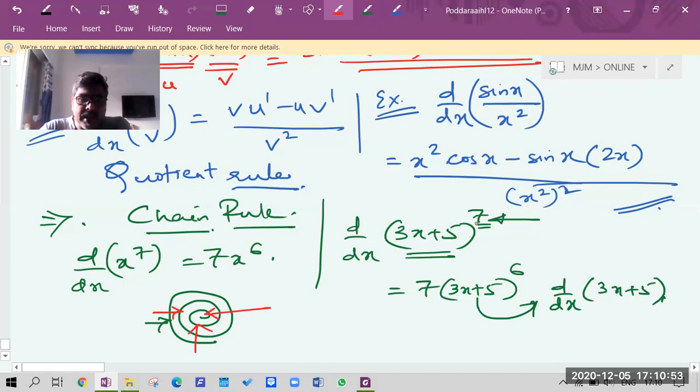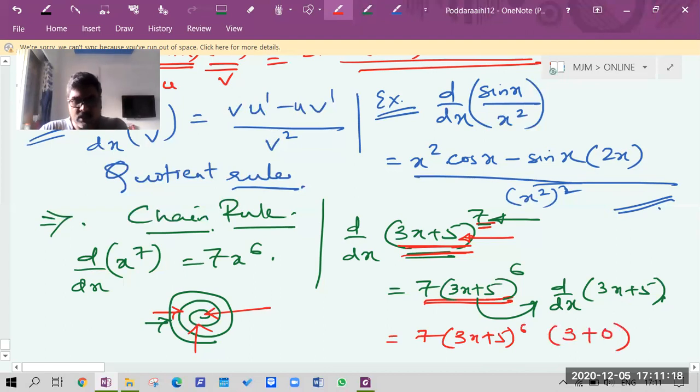The same way, I differentiate the first layer, that is the 7. Done. Then I don't have to worry about it; it will just keep on repeating as it is. Then I go inside and differentiate this part, the derivative of 3x plus 5. So my answer is 7 into (3x plus 5) the whole raised to 6 into the derivative of 3x, which is 3, and the derivative of 5, which is 0.